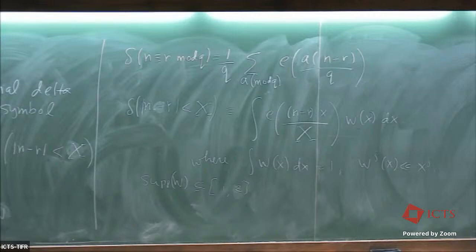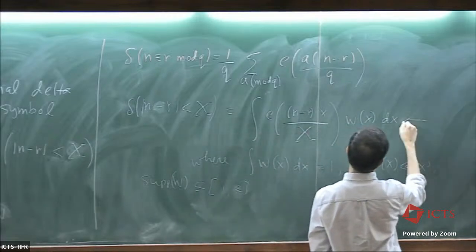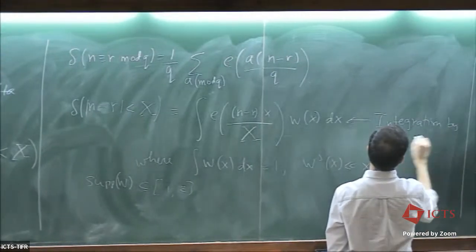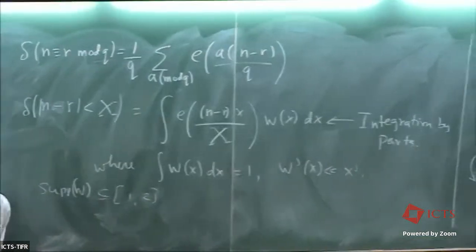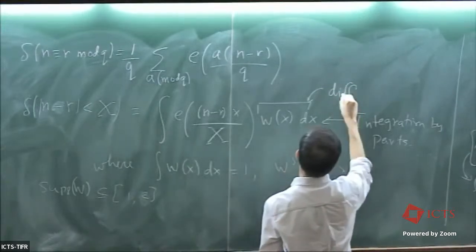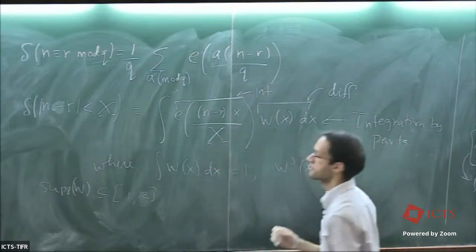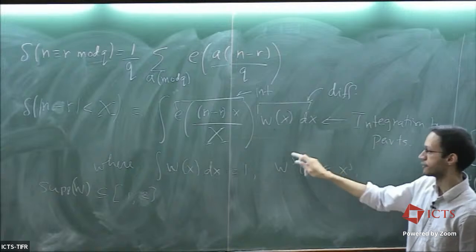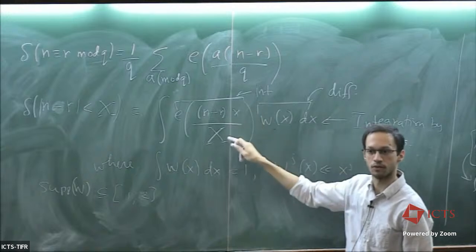Okay. Why is this true? All you have to do is integration by parts. So you should differentiate this factor, and you should integrate this factor. If you differentiate the weight functions, you will get its derivatives. And if you integrate this particular thing, then you will get the reciprocals of all of these.